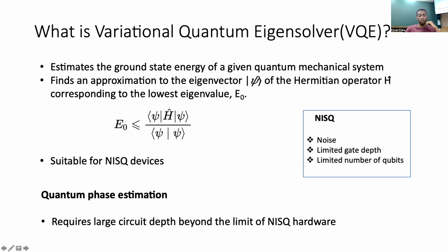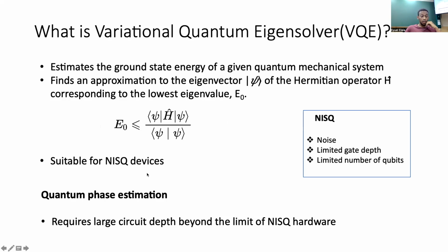For this case, that matrix is the Hamiltonian of the given system. So we use the VQE to approximate the minimum eigenvalue of a given Hermitian operator, or the Hamiltonian, and it gives us the upper bound for the ground state energy or the minimum eigenvalue.